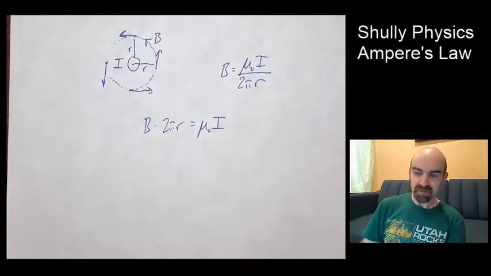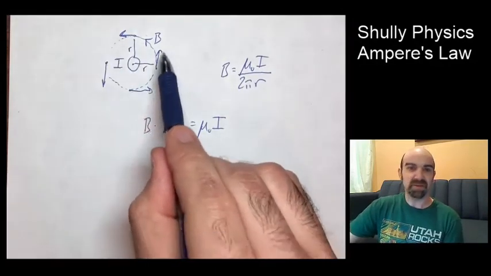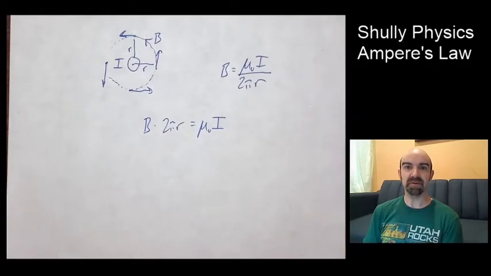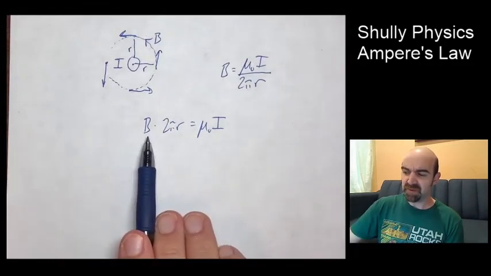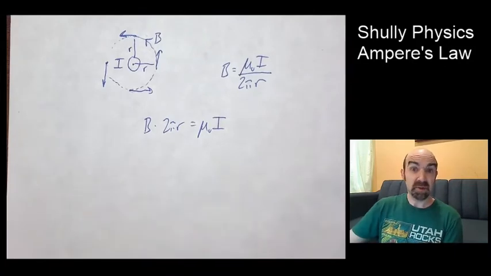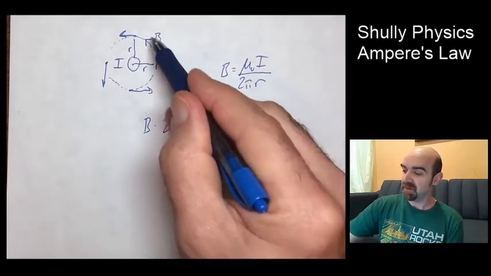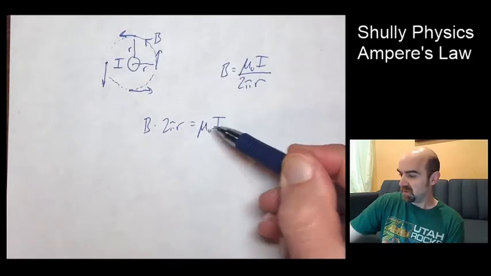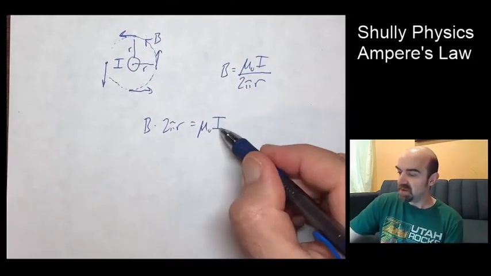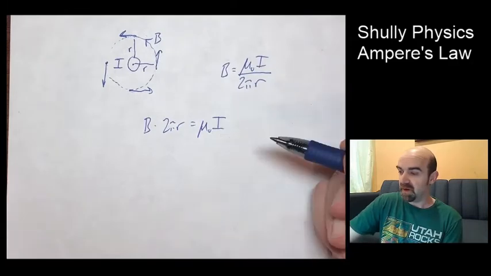That's the circumference of this imaginary circle around it where the magnetic field is constant. And what we've done is multiplied a magnetic field times a circumference, the length around. And that gives us the magnetic constant mu naught times the current through that wire.